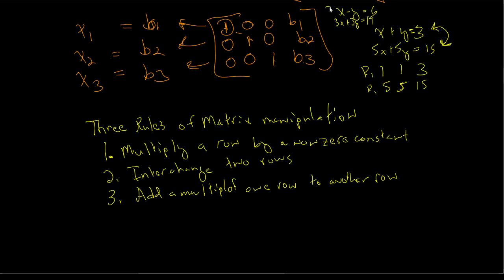If I multiply the top row by 3 and add these 2 equations together, the y's will cancel out and I'm left with 6x equals 37 and x is 37/6.